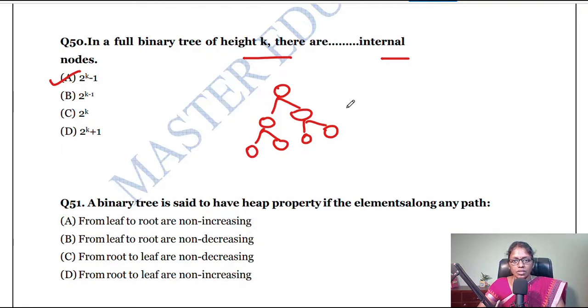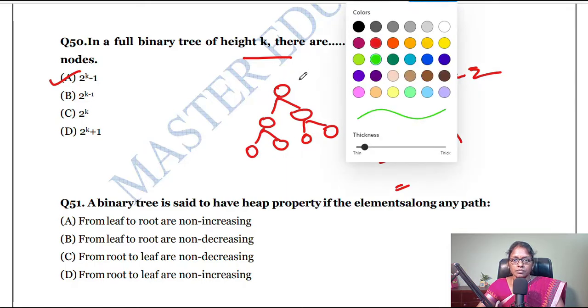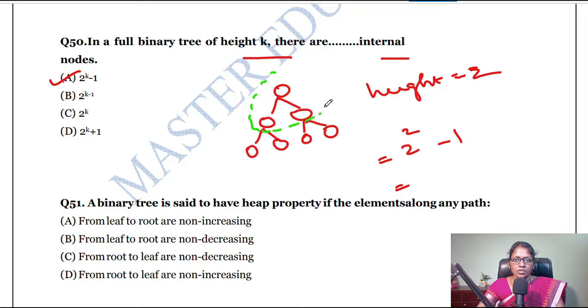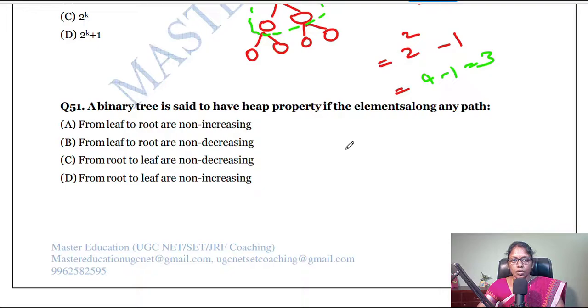Here the height is 2. The internal nodes is 2 power 2 minus 1. This is a leaf. So how many internal nodes are there here? These are all internal nodes, right? So how many internal nodes? 2 power 2, 4 minus 1 equals 3. So the formula is correct: 2 power k minus 1.